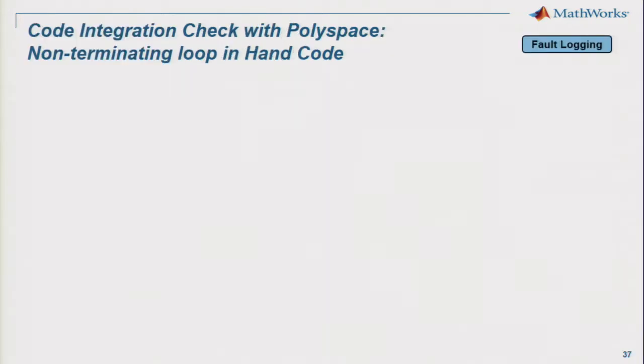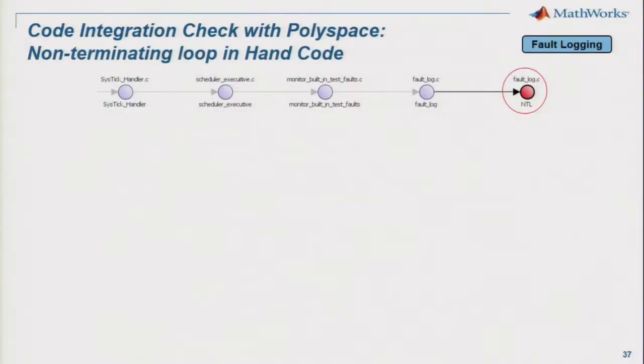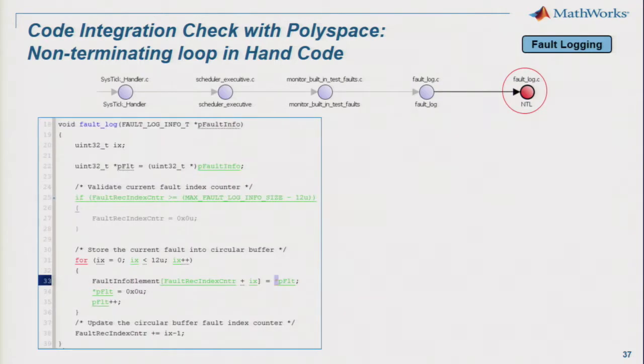The Code Prover result is showing me that there is actually a non-terminating loop in the hand code at the fault logging. Could be nasty. Yep. So this is a call hierarchy from Code Prover, where it's telling me there is a non-terminating loop in the fault logging function. Okay.